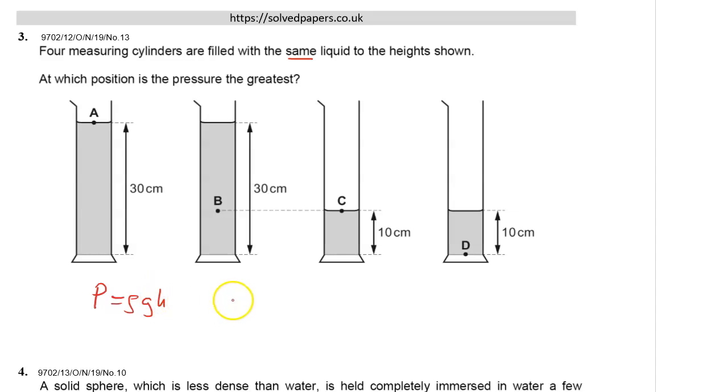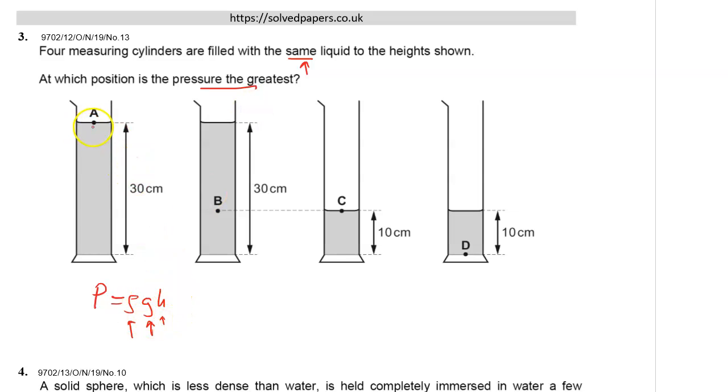Okay, so you can see density is the same because the liquids are the same. g is also the same because they are acted upon by the same gravity. Then h is different, and therefore, what will determine which pressure will be greatest will be the height.